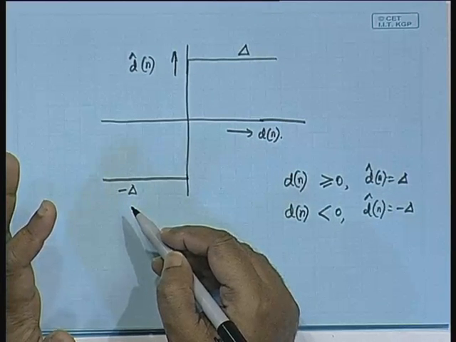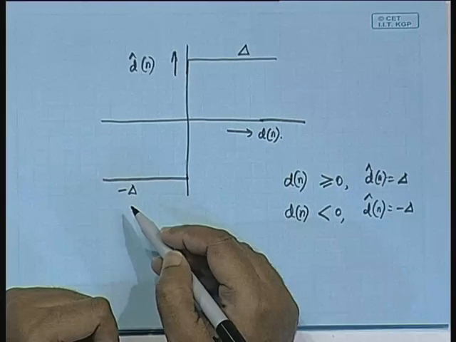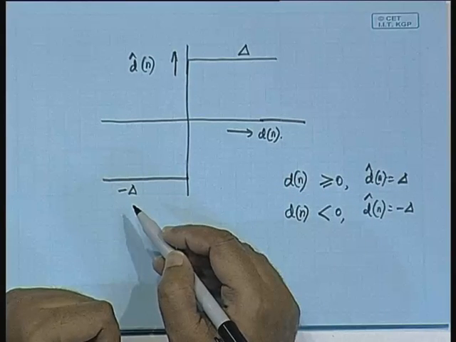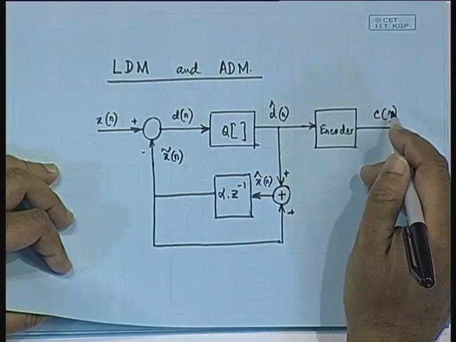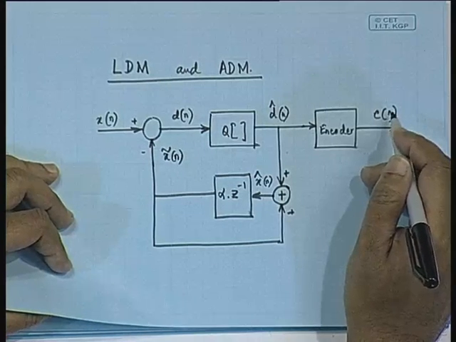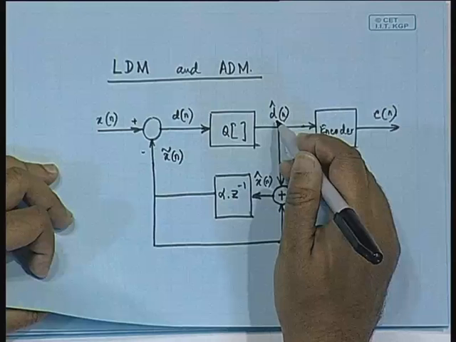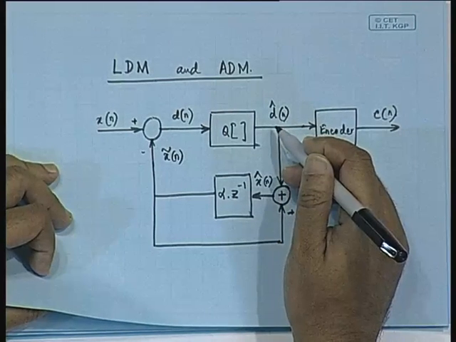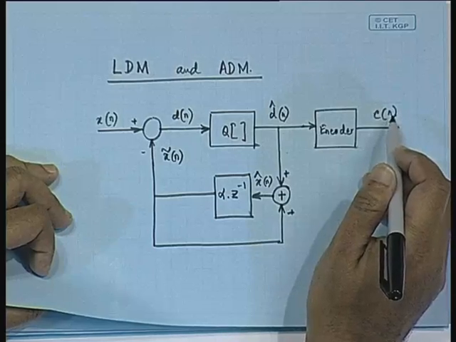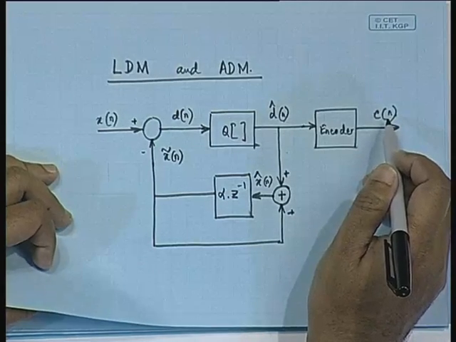So, two level quantization means, how many bits do we require to represent these samples? Only one bit is enough, because it is two levels. So, the digital output C of n we will represent as 1 when d cap of n is equal to plus delta, and when d cap of n is equal to minus delta, we can represent the digital output by C of n equal to 0.